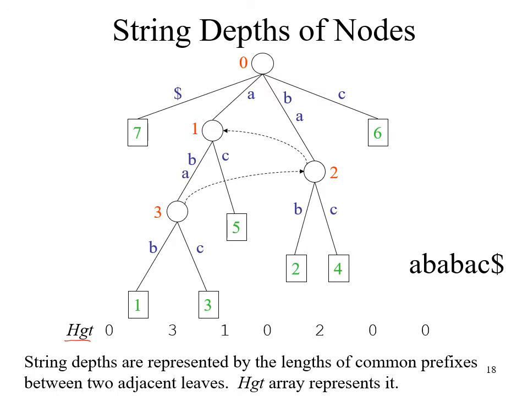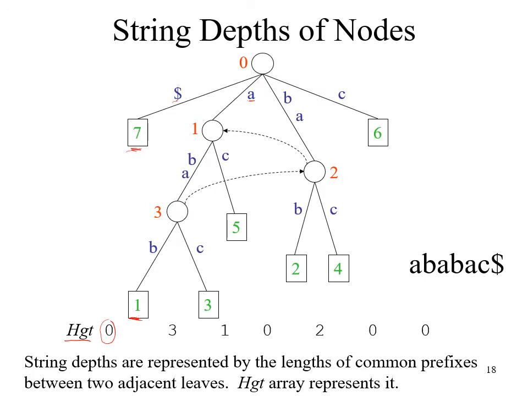For example, between this leaf and this leaf, the length of the longest common prefix is 0, because this string begins with D and this string begins with A, so there is no common prefix, so the height is 0.